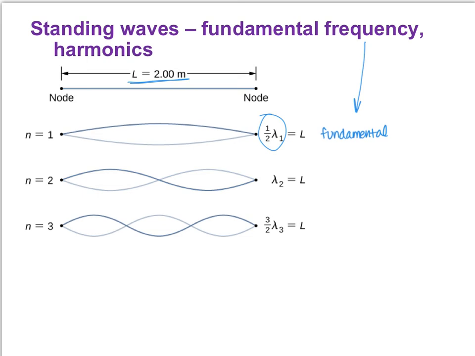In the second picture, the next level of complication, we have two antinodes, and the length of the string is equal to just one wavelength. So the first one is the fundamental or the first harmonic.